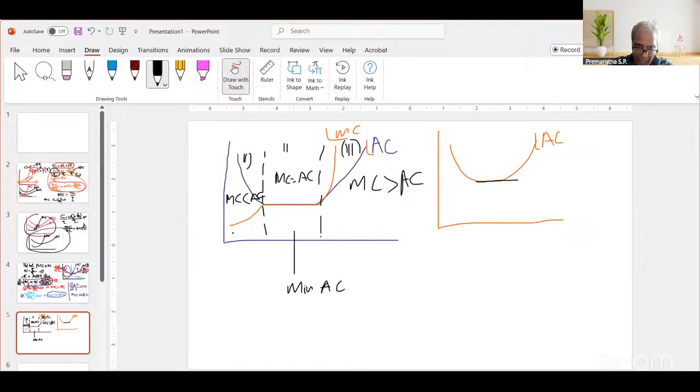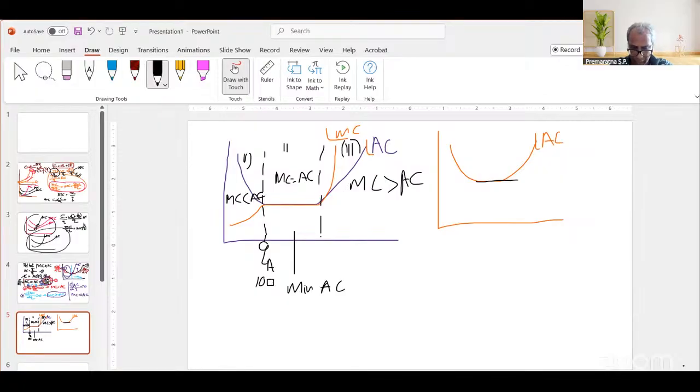Now you can see, up to a certain level, let's say point A, this is QA. You produce a long run amount of quantity QA, let's say 100 units of production in the long run.